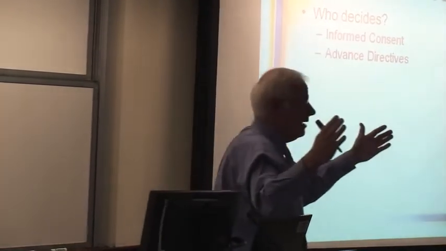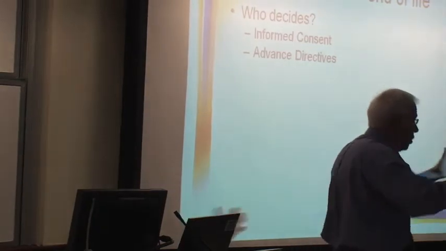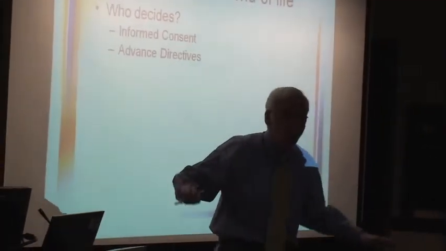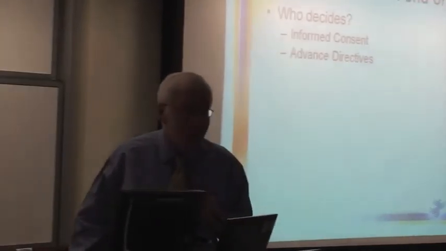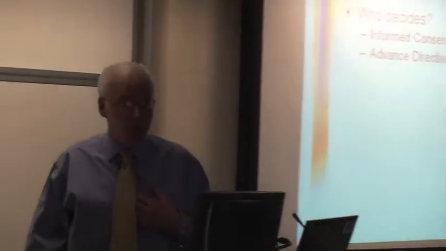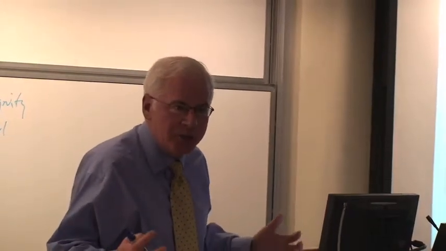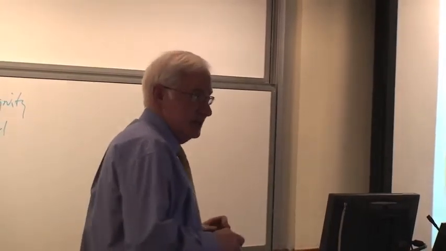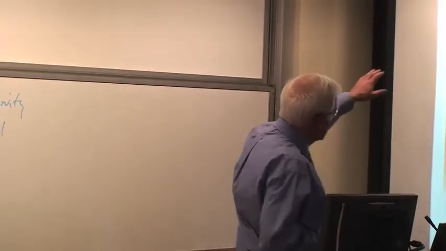And by the way, when it comes to advance directives, only about 25% of the population have one. So most of us are the great unwashed. 75% of the people who show up to our medical sites don't have one of these things. So there's the question of how you figure it out in the absence of a clear directive or them telling you. So at least one of the questions is who decides.